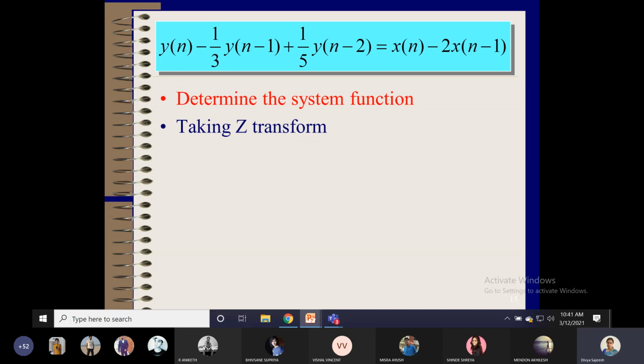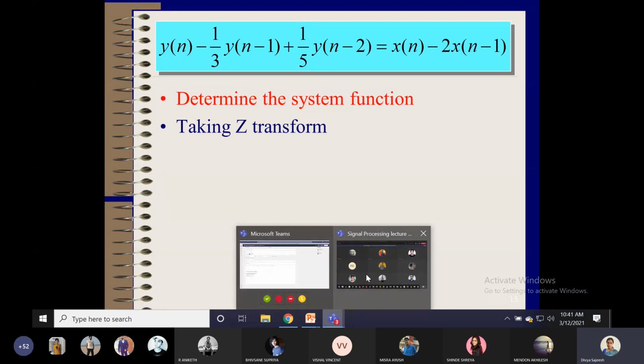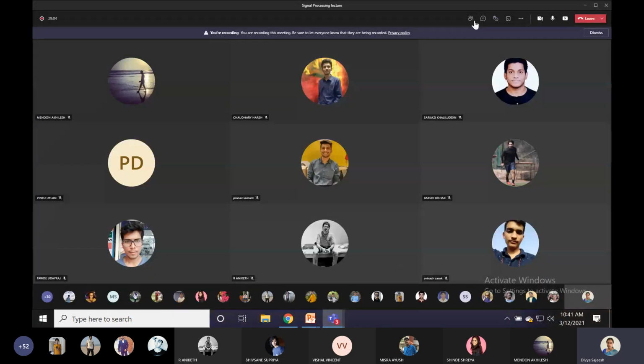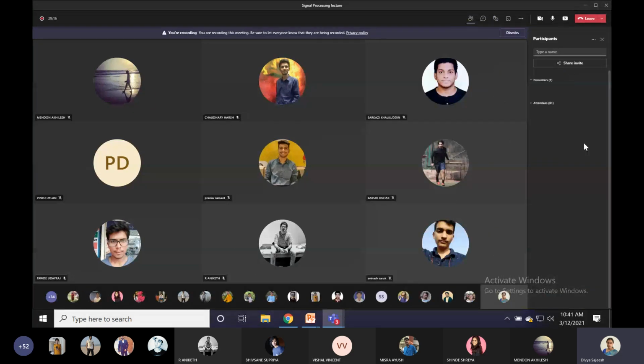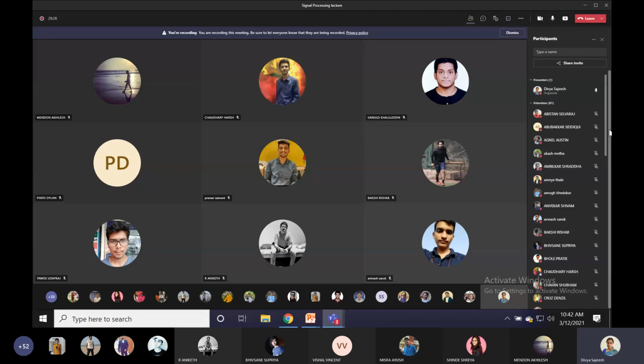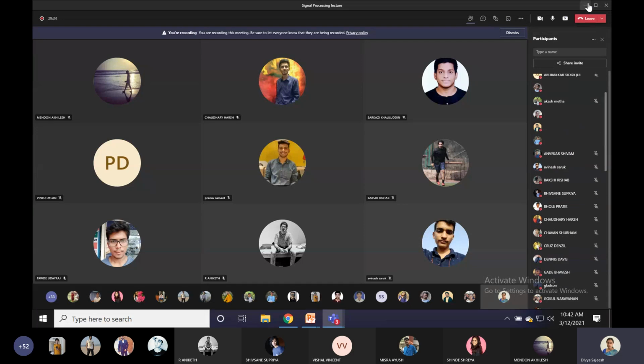Can anyone tell the z transform for this, or shall I ask someone? Okay, Bhavesh.